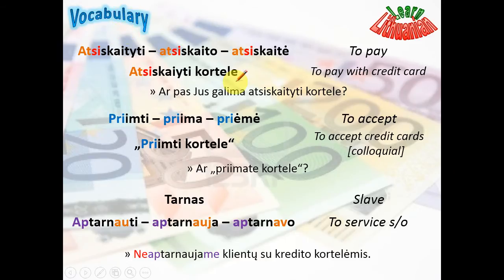So this word is used in this collocation: atsiskaityti kortele, to pay with credit card. Kortele, credit card, is in instrumental. Ar pas jus galima atsiskaityti kortele? Pas jus means at your house, literally, or somehow at your place.